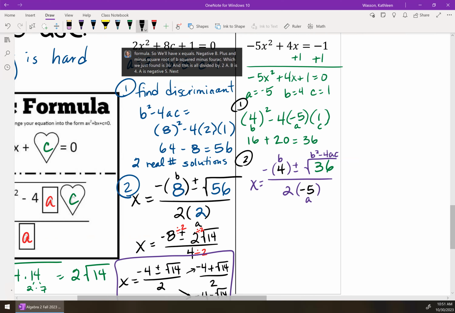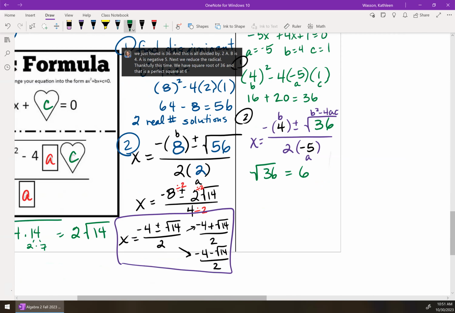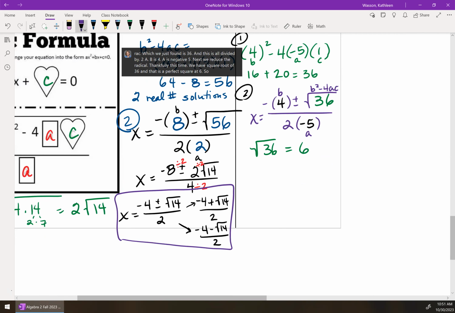Next, we reduce the radical. Thankfully, this time we have square root of 36, and that is a perfect square. It's 6. So we don't have funky stuff carrying around here. I have x equals -4 plus and minus 6 divided by -10. And this can be simplified better. So for this, it's important to break this out into -4 plus 6 divided by -10.